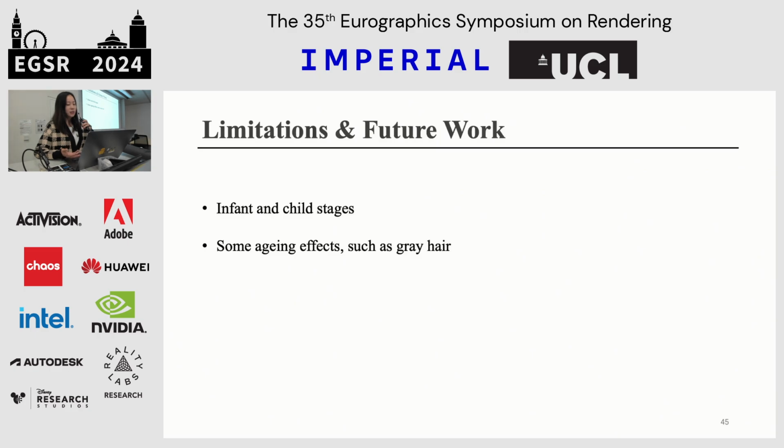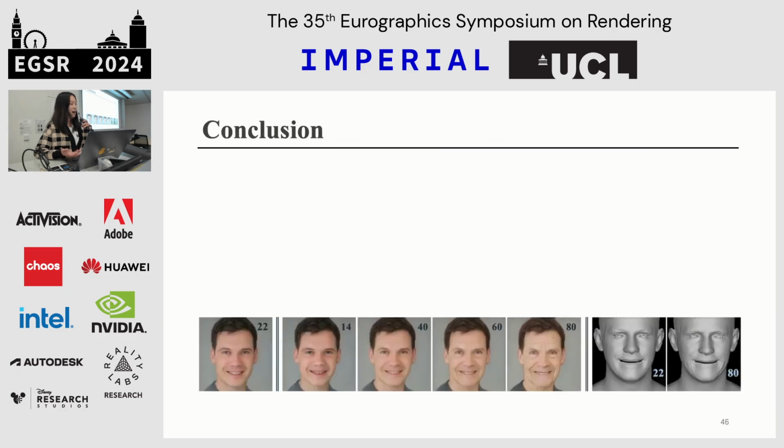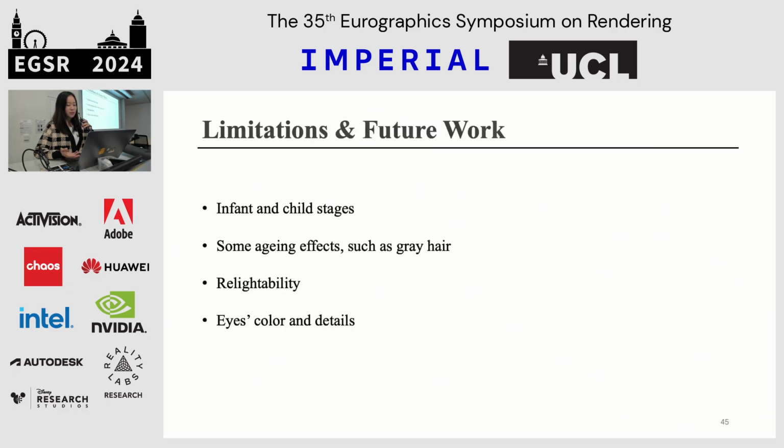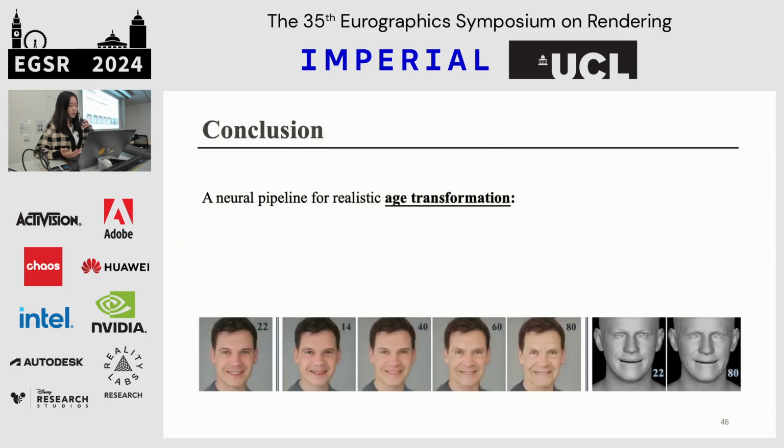For these two limitations, one possible solution is to combine our method with other generators. We did not predict the accurate environment map, so it's hard to have high-quality relighting results. And the last one is our method can change the eye color slightly, but might need to add an eye mask to keep the eye color and details.